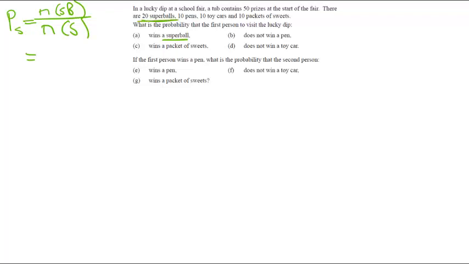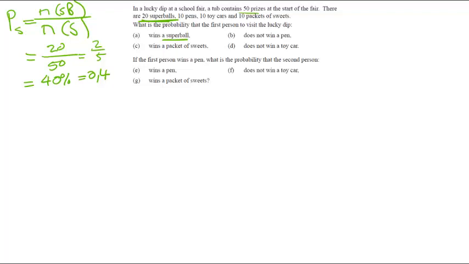So this means there are 20 options for the Super Ball and there are 50 possibilities. This simplifies to 2 over 5, which ends up being 40%, or as a decimal, 0.4 probability of getting a Super Ball.